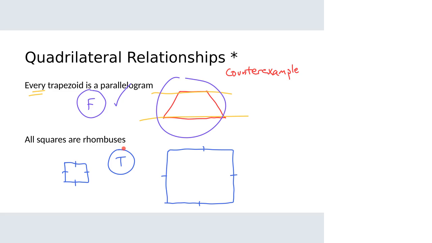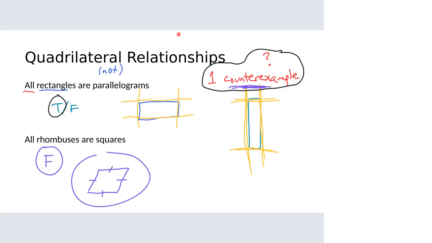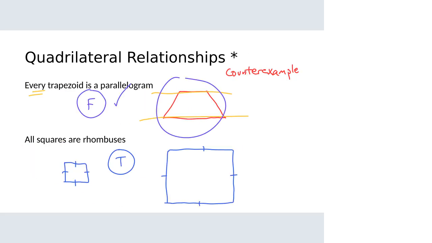One thing I want to point out to you, if you're a little bit twisted up about this: on the last one we said all rhombuses are squares, and that was false. And then here we said all squares are rhombuses, and that was true. What's going on here? Well, it really depends what order those go in when we say it.